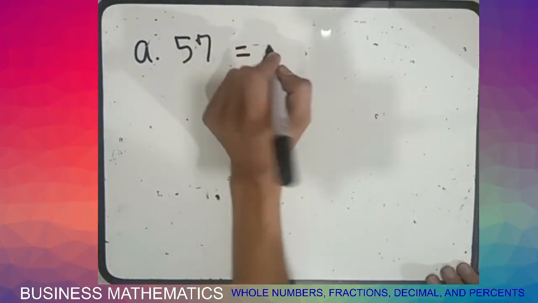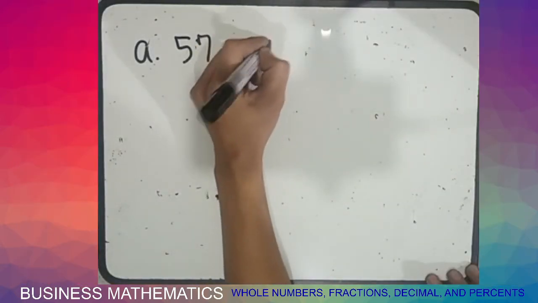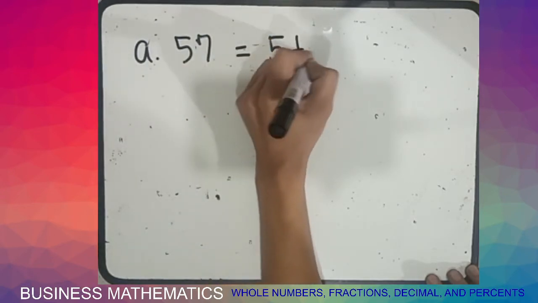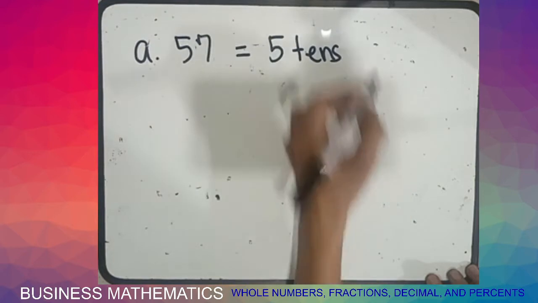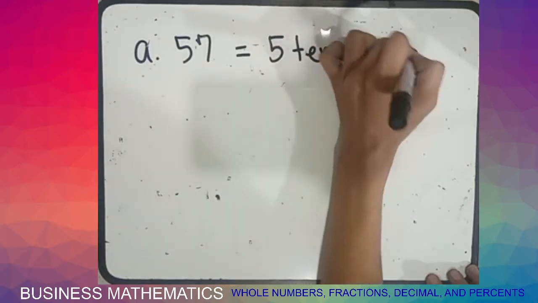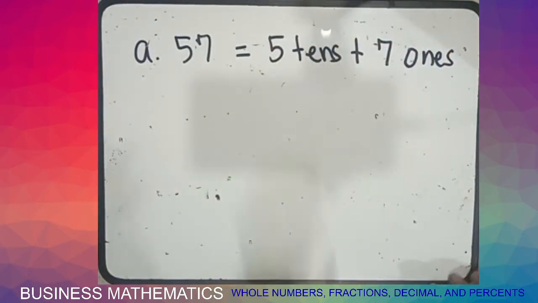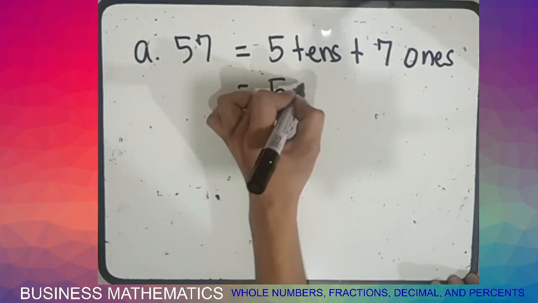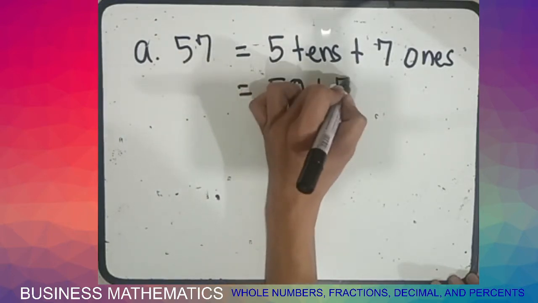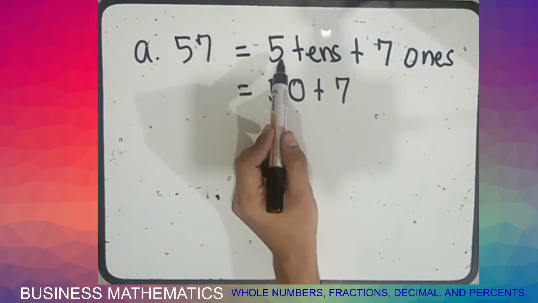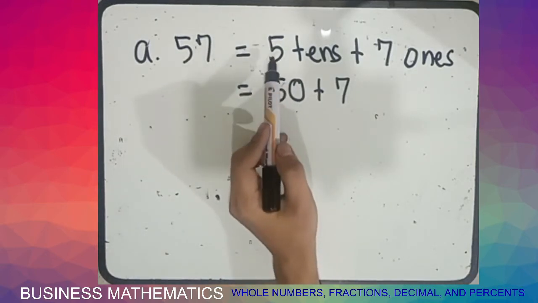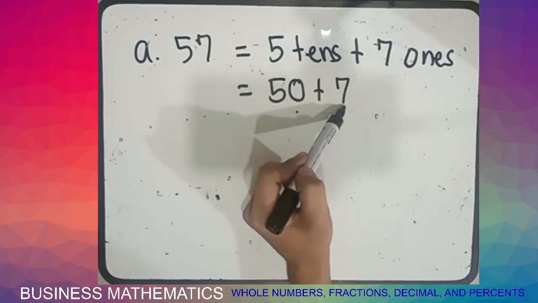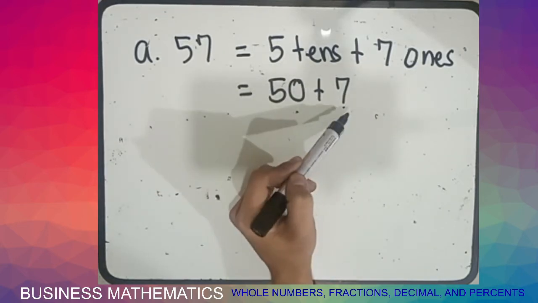Okay, ito ay 5 tens plus 7 ones. Then pwede natin siyang isulat as 50 plus 7. Kasi, pag times natin si 5 sa 10, so 5 times 10 is 50, 7 times 1 is 7. So, kaya naging 50 plus 7.